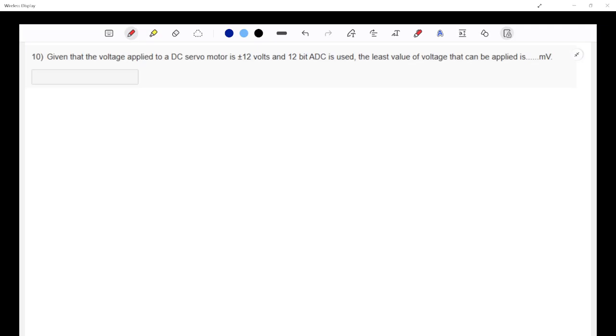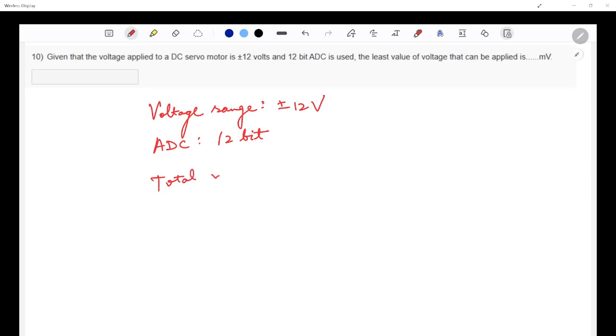So what we are saying is the voltage range is plus minus 12 volts, and our ADC is 12 bit. So what is the total voltage range? Total voltage range is plus 12 minus minus 12, which is 24 volts.